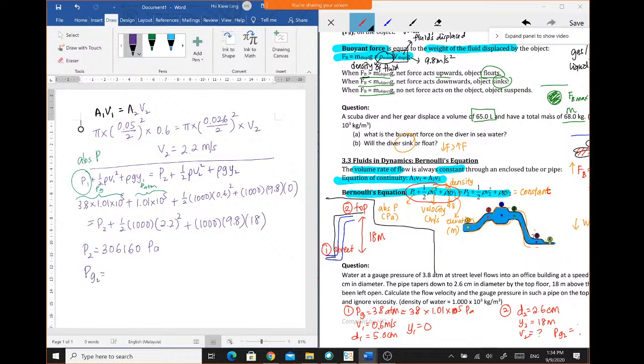To find the gauge pressure, you have to minus 1.01 times 10 to the power of 5, and you get 2.05 times 10 to the power of 5 Pascal. Convert back to ATM, you get around 2.0 ATM. So that is your gauge pressure at point 2.